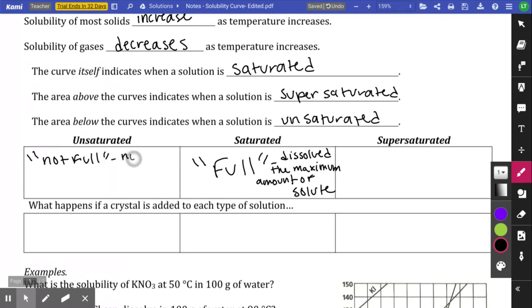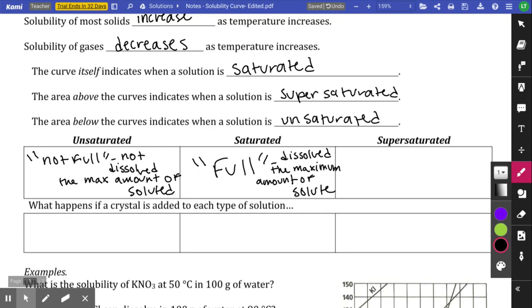Basically, we have not dissolved the maximum amount.